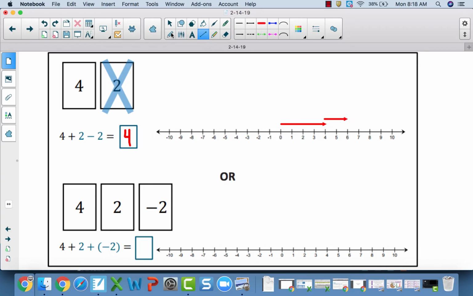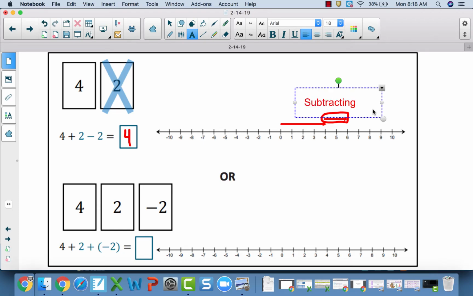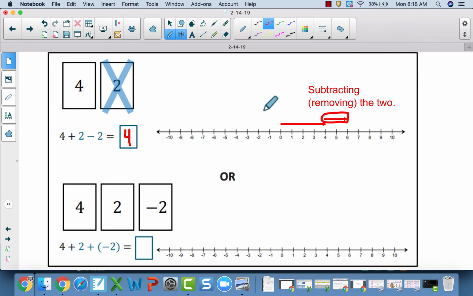Now, I'm then essentially taking this and I am subtracting or removing the 2. Okay? So I'm getting rid of this. So I am just left here at 4. Okay? It's essentially telling me to get rid of this second arrow or get rid of this second vector.